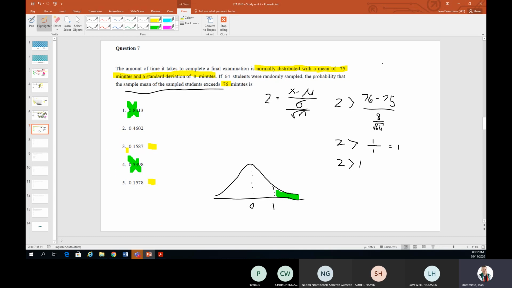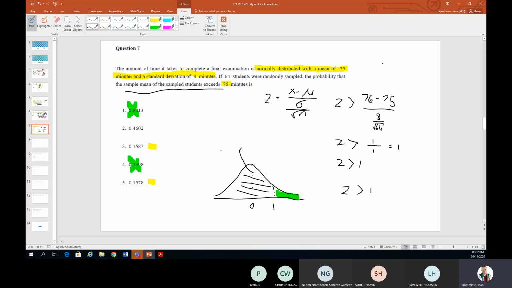So I want to nearly say it is one of those two. Okay, but we basically go to the Z table.